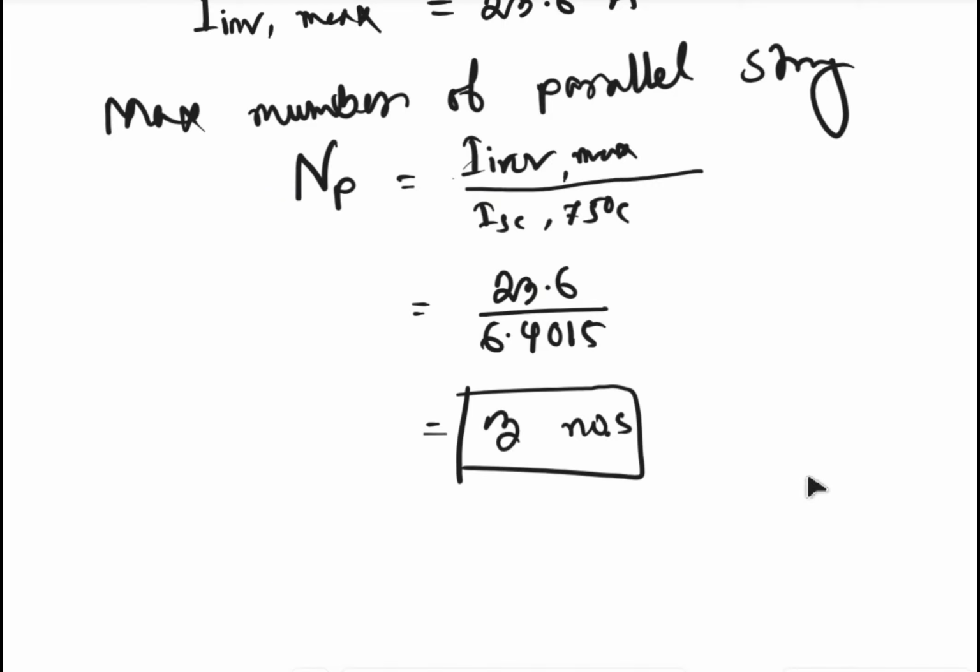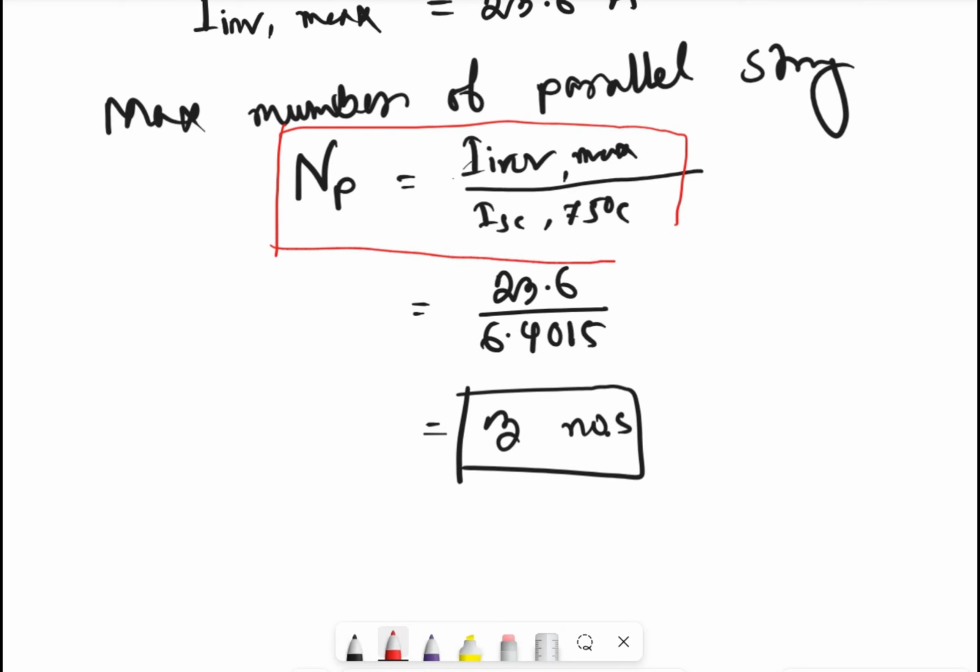So the final comment, the maximum number of parallel strings equation is this one. This is the main equation to calculate the maximum number of parallel strings: the inverter maximum current over the short circuit current of a module if a temperature is given.